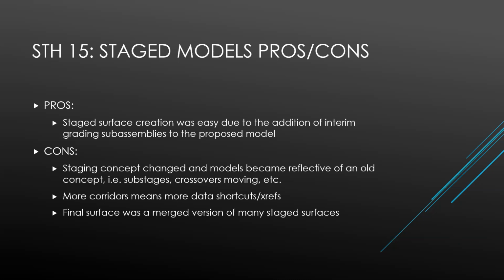It was a merge of a refinement from stage 1 and a merge of refinement stage 2 and so on. And it became a little cumbersome. There were definitely some issues that happen when you start merging a lot of surfaces together. And I really want to point out that we found this approach prioritized the stage surfaces, but neglected the top surface. And the main task of modeling is to provide the best top and datum surface you can.